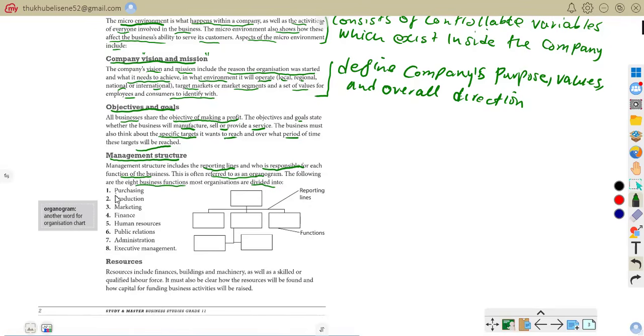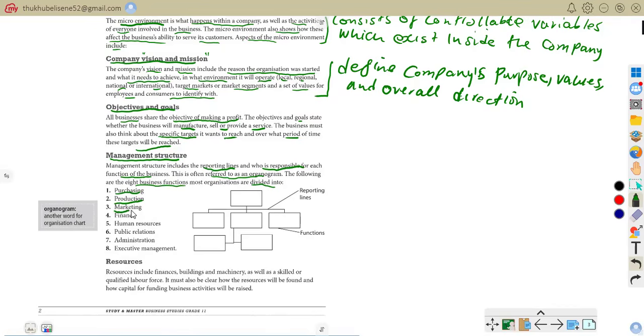One of the first functions we're given is the purchasing function. This department acquires goods, materials, and services needed for operations. Another function is the production function, the department which creates goods or services through manufacturing, processing, or delivery.